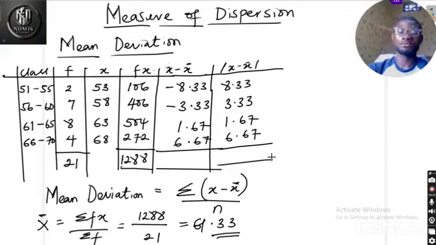So we are going to find the sum of these absolute values. We have 8.33 plus 3.33 plus 1.67 plus 6.67, that is just 20. So that's the summation |x minus x bar| that we need. Now that we've gotten it, let us input it into our formula of mean deviation.